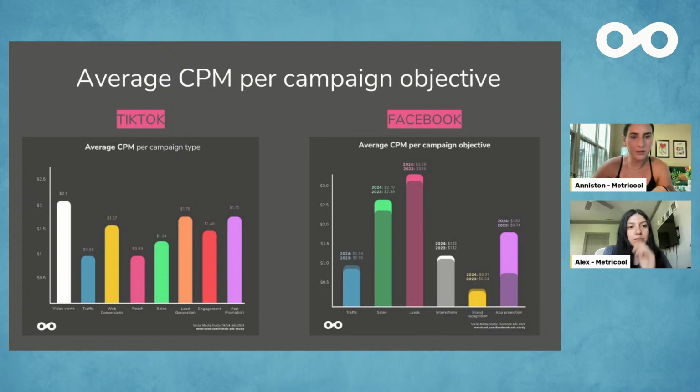I guess lead gens for Facebook have the highest CPM, over $1 more than video views. So it's interesting that CPC was so expensive on TikTok and CPM is a little bit more expensive on Facebook.